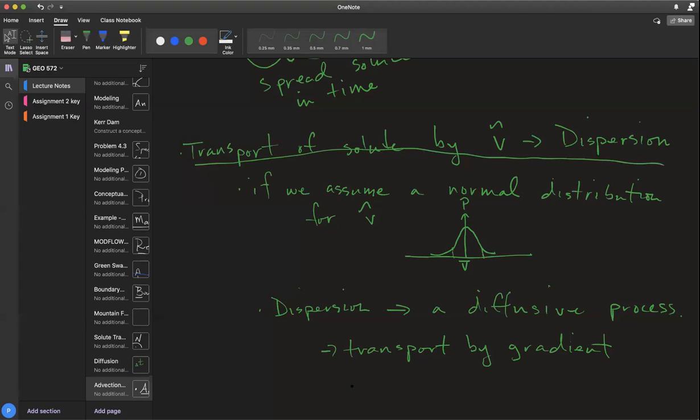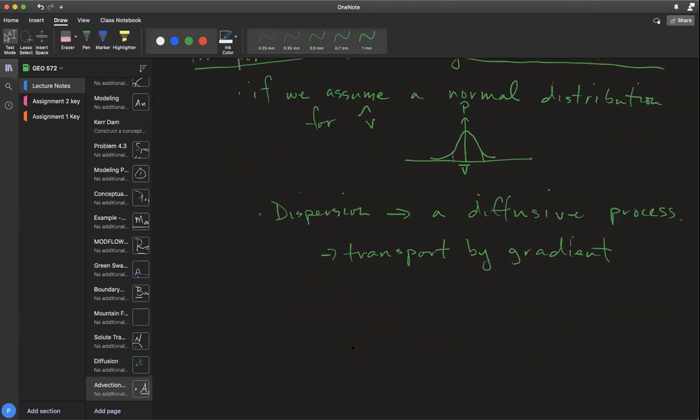Okay, so that means if we assume a normal distribution, then we can show that dispersion is a diffusive process. And we have transport by concentration gradient, just like diffusion. And so we can not derive, but assume Fickian dispersion.